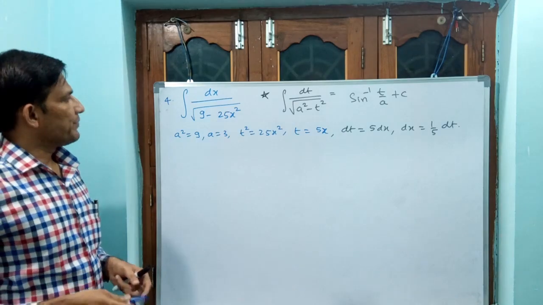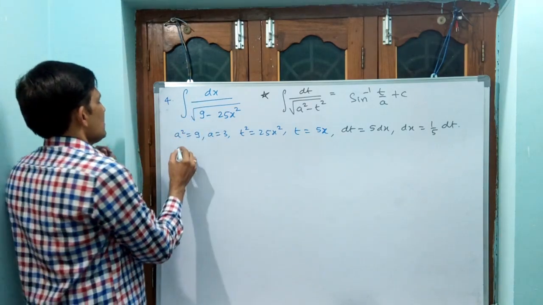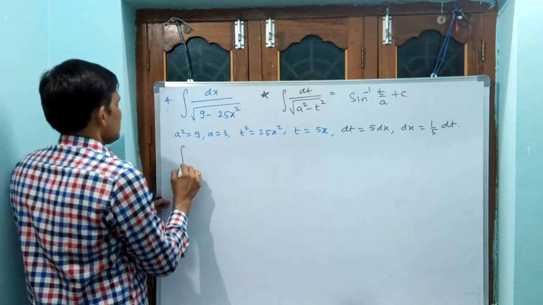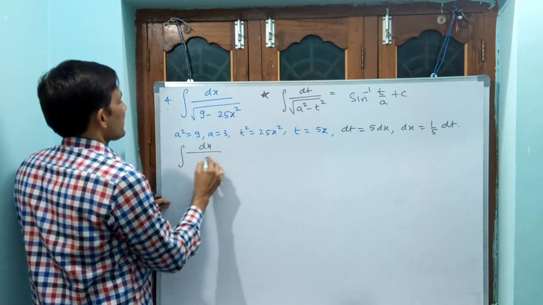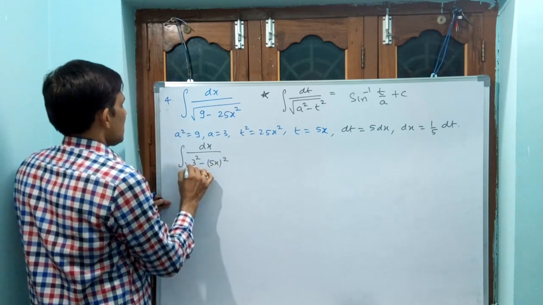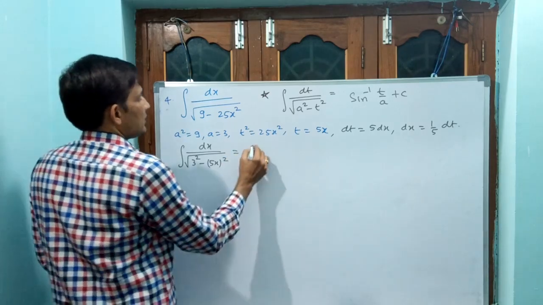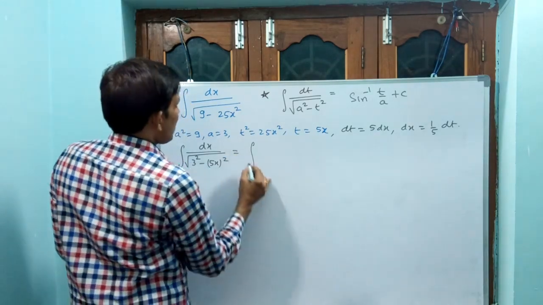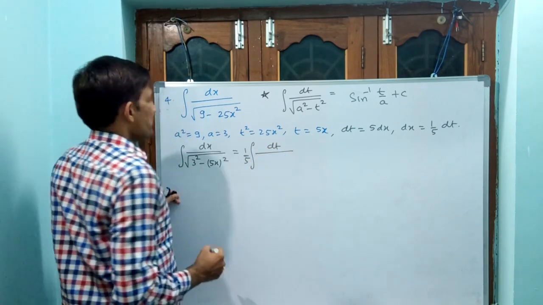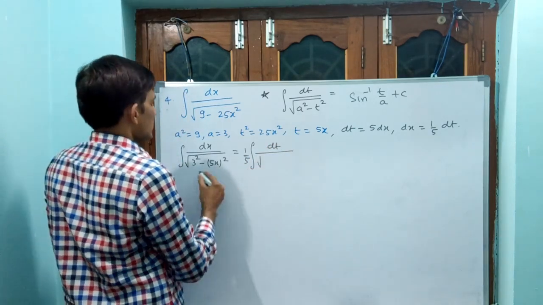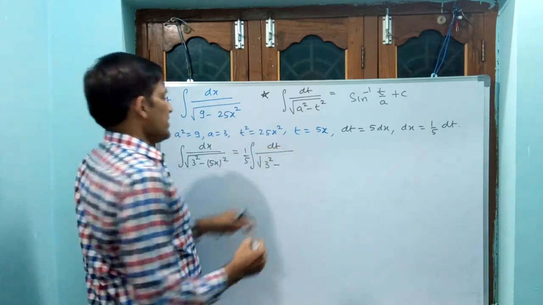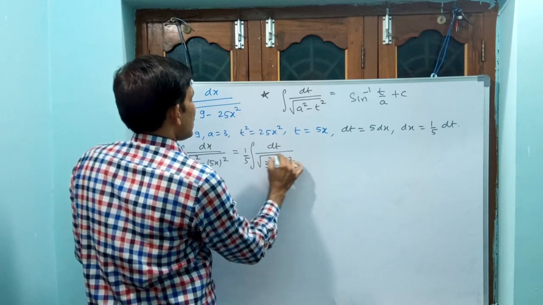Okay? Now you rewrite this question. See how I am writing. Integral dx by square root of 3 square minus 5x whole square is equal to integral 1 by 5 dt divided by square root of 3 square minus t square.